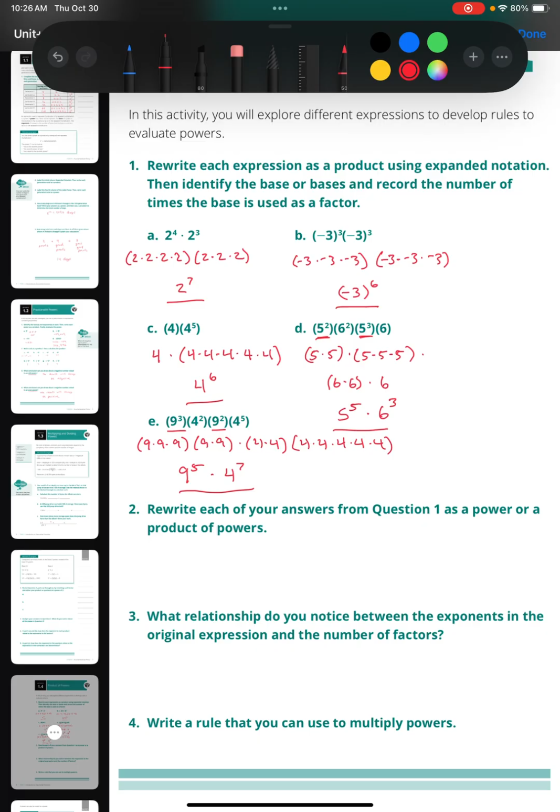So the way we could get to 7 was by adding up the exponents of 4 and 3. So for 3, we could say the number of factors is a sum of the exponents.